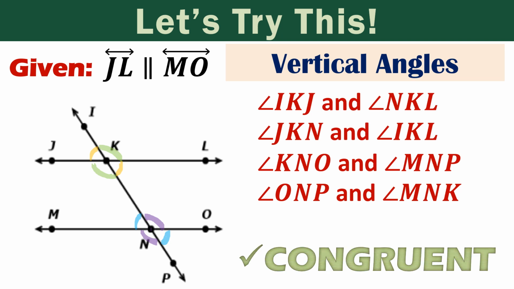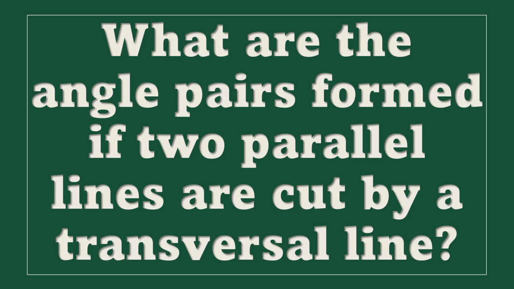Again, take note that vertical angles are congruent. Basically, I'll just reiterate with an example. Let's say this angle is 145 degrees, so that means this angle is 145 degrees as well. Now, what are the angle pairs formed if two parallel lines are cut by a transversal line?